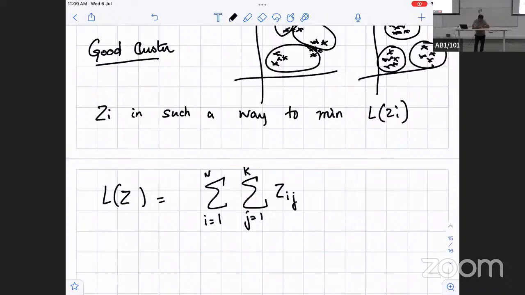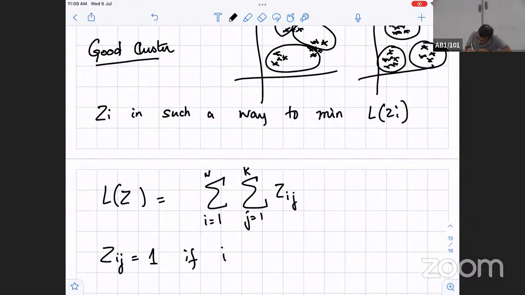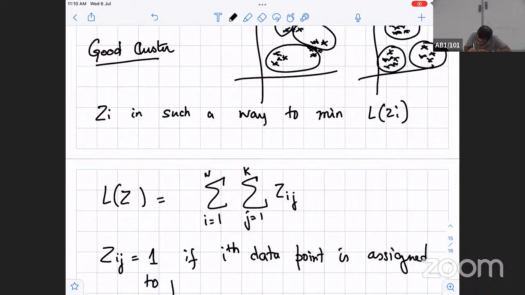Z_ij is going to be 1 if the ith data point is assigned to the jth cluster.